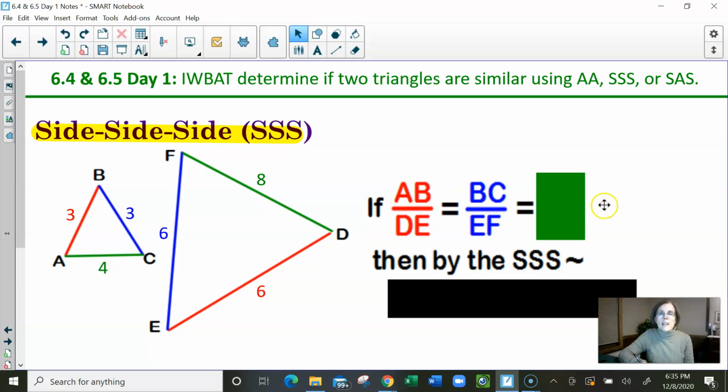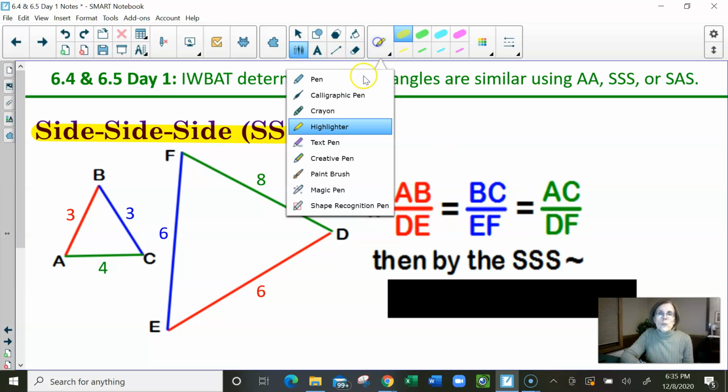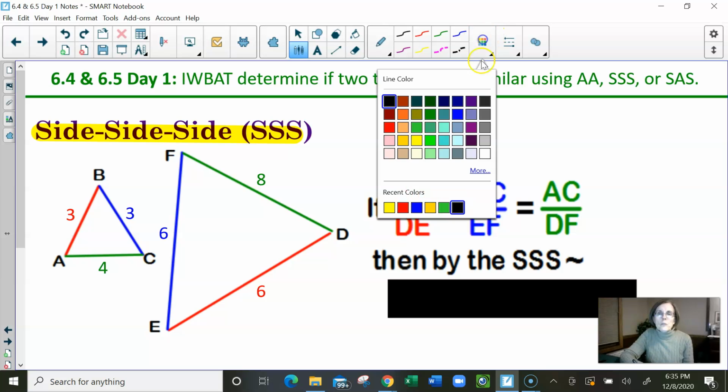These are corresponding sides. Has to also equal the third set of corresponding sides. Those ratios all need to be equal to each other, and you need to show it. So let's go through that work and actually show that those are equal ratios.